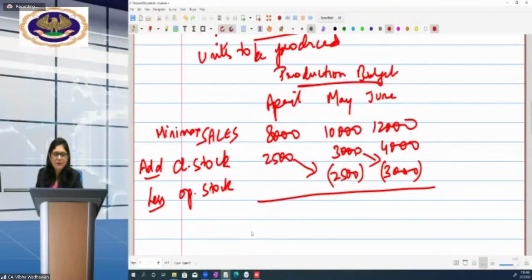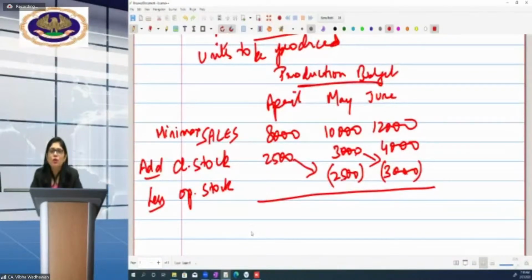How will we calculate the opening stock of April? On the same fundamental. Now, the opening stock of April. So the closing stock of March. All right. Closing stock of March will be the opening stock of April. I'm repeating. Closing stock of March should be the opening stock of April.